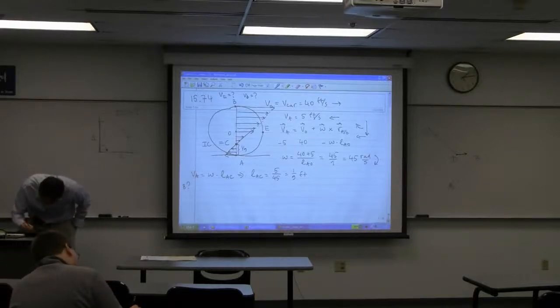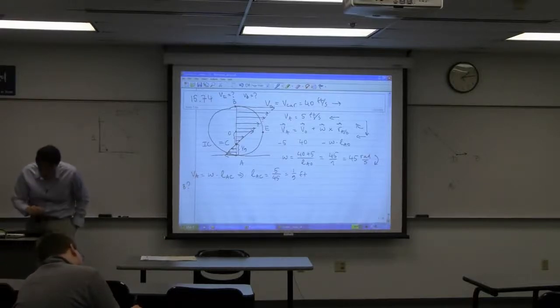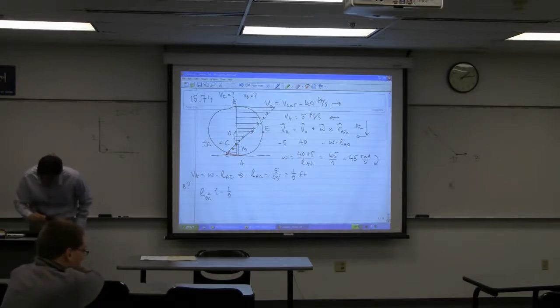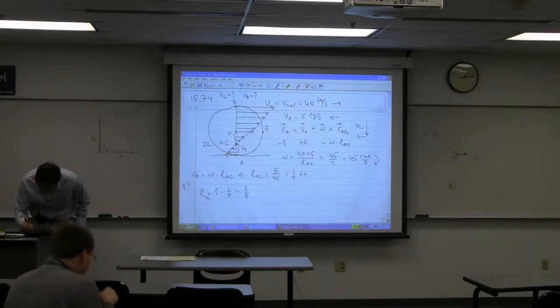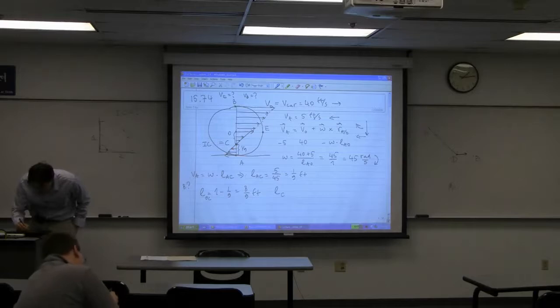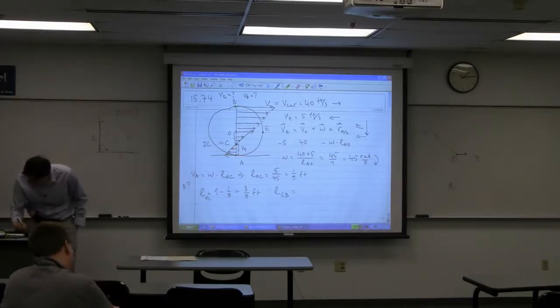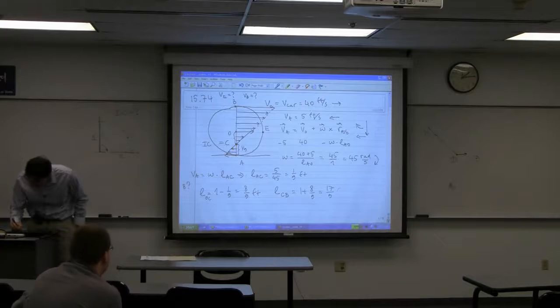For that we need to know this distance from O to C, and this can be easily computed by realizing that the radius minus our distance to the center of mass is equal to 8 divided by 9 feet. So therefore the distance from the instantaneous center to the point of interest at B will be equal to 1 plus 8 divided by 9, which is equal to 17 divided by 9 feet.